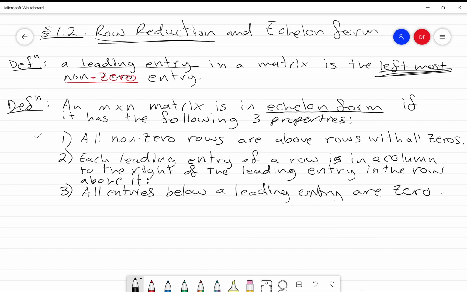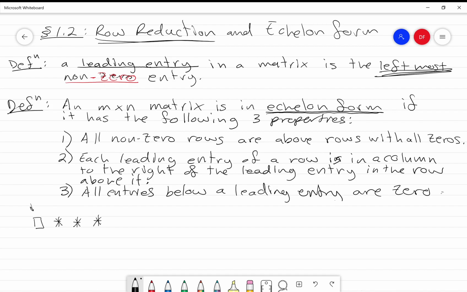And if conditions 1, 2, and 3 are met, then the matrix is called echelon form. So an example of an echelon form matrix is this. This could be any number.